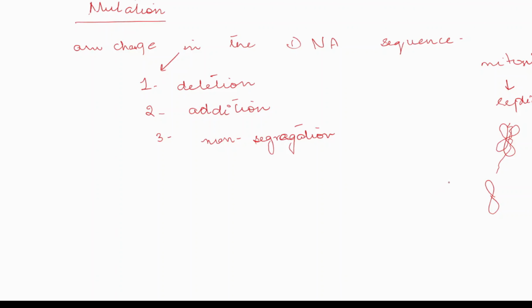But if due to some reason these do not get separated, in humans one cell is getting 24 and the other is getting 22. So due to non-segregation, one cell is getting more chromosomes.